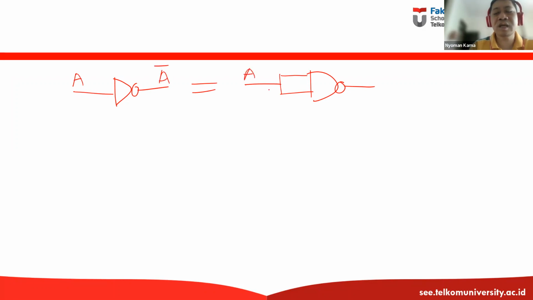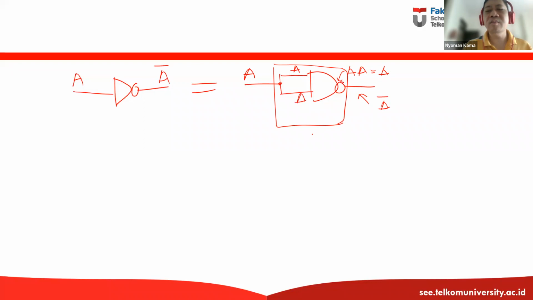This one is A, so this one is also A. In this case it is A times A, or A. And then this one is A naught. So it's actually this NAND gate behaves like an inverter.